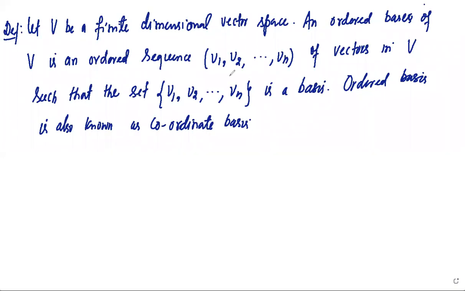So set में we cannot refer to some element as the first element, and we cannot refer to some element as a second element and so on. Actually in a set, everything is jumbled together and they are just the plain elements. ठीक है? But in an ordered basis, some vector is referred to as the first vector, some vector is referred to as a second vector and so on.